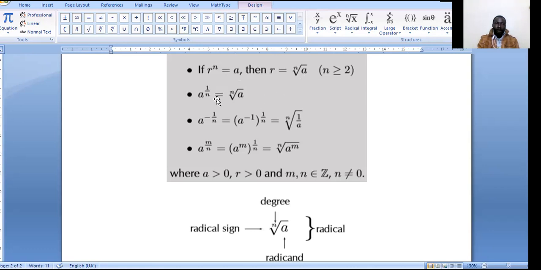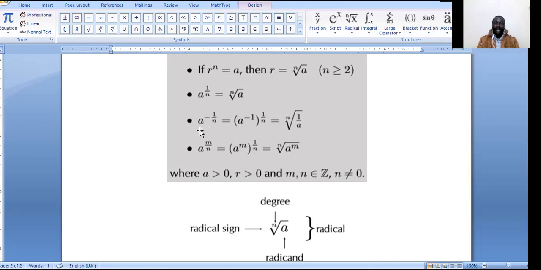If a has an exponent of 1 over n, we can simplify this as the nth root of a. The reverse is true: the nth root of a can be written as a with exponent 1 over n.